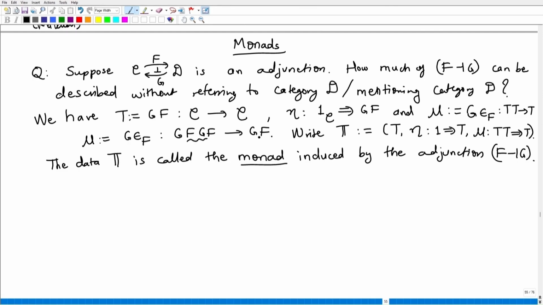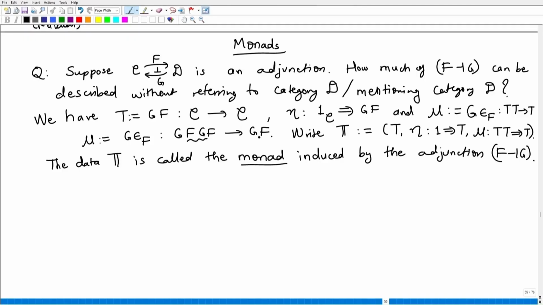Okay, this is not yet the definition. I'm warning you, I will give you a definition, but just having these natural transformations themselves is not really useful. We also need some properties that these natural transformations satisfy. But before that, please try to observe what we are talking about.